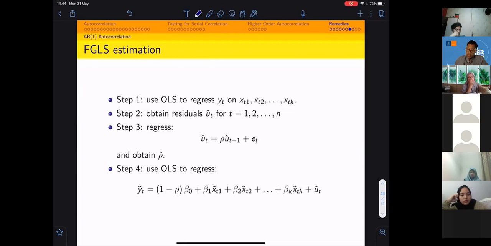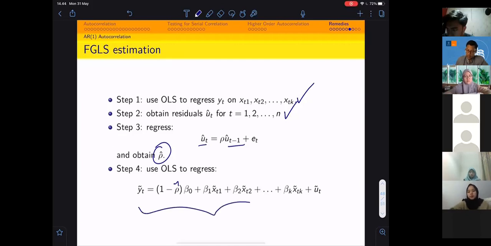Once you do the regression, you're going to obtain the residual. And once you obtain the residual, you're going to regress the residual on the lag of the residual, and then you're going to obtain the ρ hat. And then you're going to use OLS to regress using the ρ hat. So basically, this is going to be the estimating equation using the ρ hat that we estimate from the data.